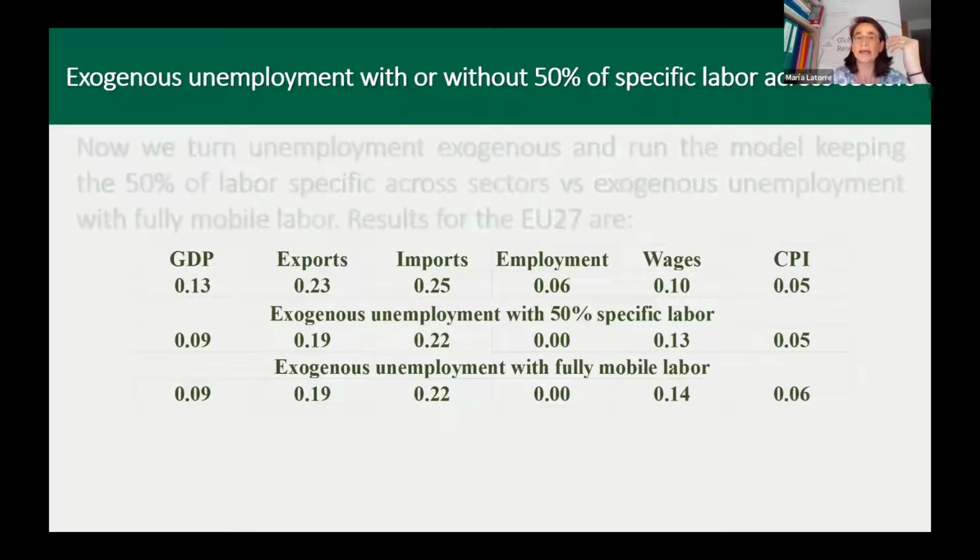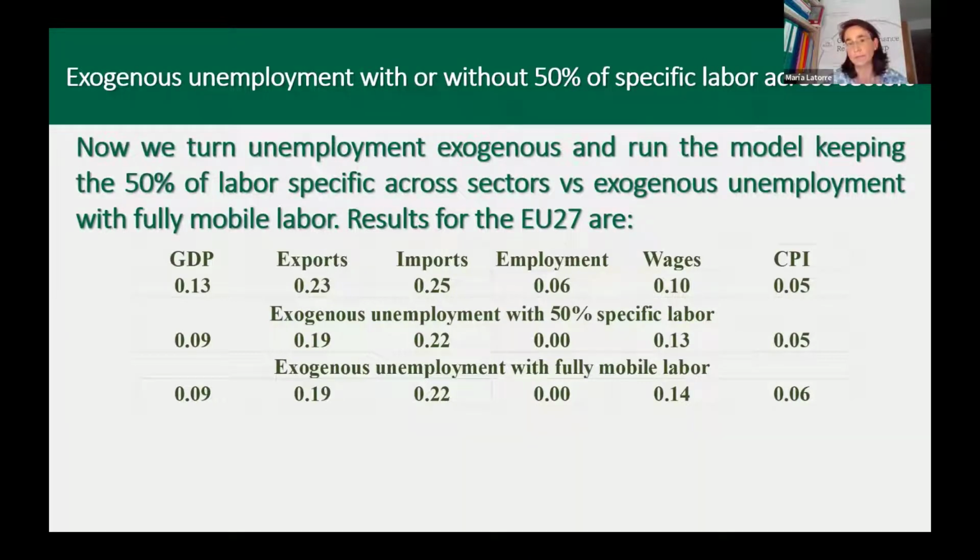And now let's look at the case of exogenous unemployment. We assume that the initial data in our model have an exogenous unemployment behind the amount of workers and labor in our initial data, but the model would not be able to change that because unemployment is exogenous. So in this case, of course, the level of employment cannot change after our simulation, so most of the adjustment goes through wages.